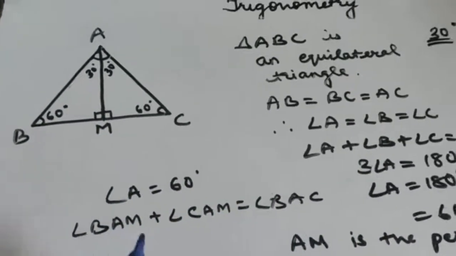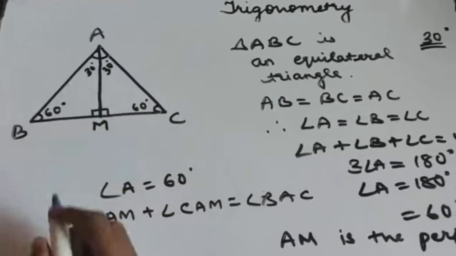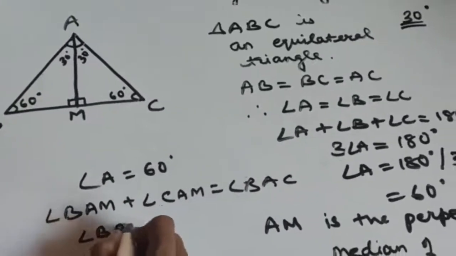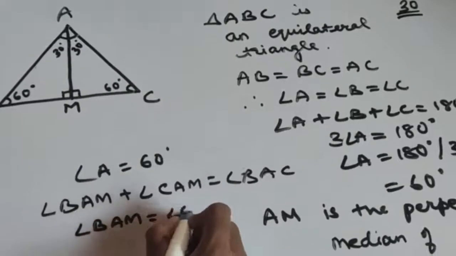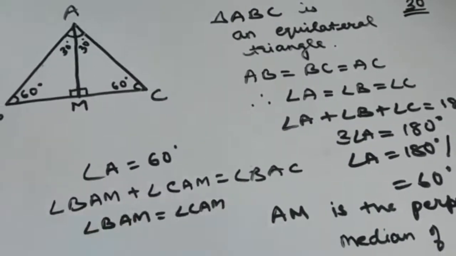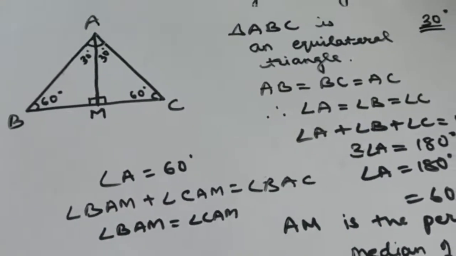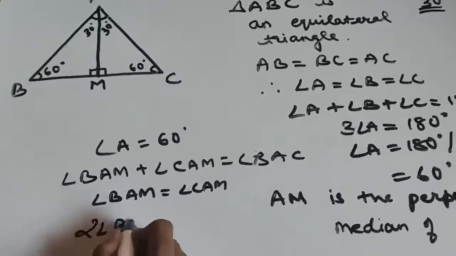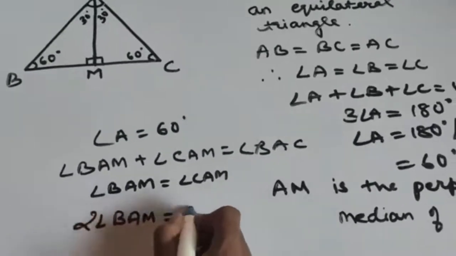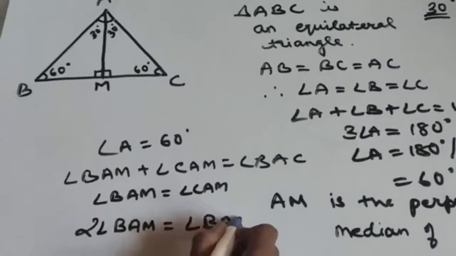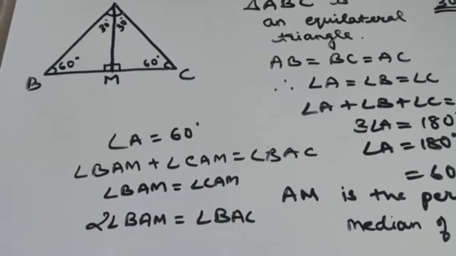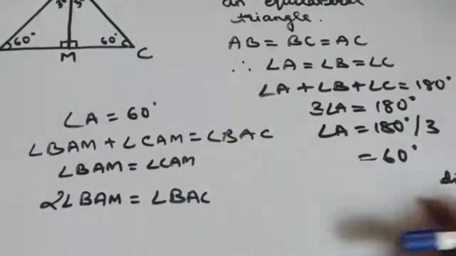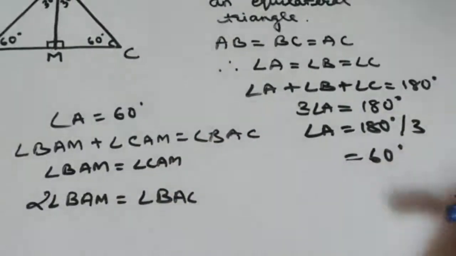Here angle BAM is equal to angle CAM. Why? Because AM is the angle bisector of angle A. So let's write it as 2 angle BAM is equal to angle BAC. Okay, let me erase this for you, so you get a clear view.